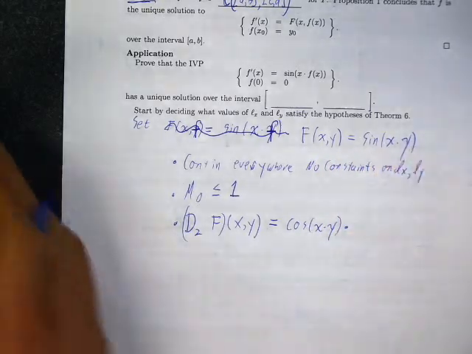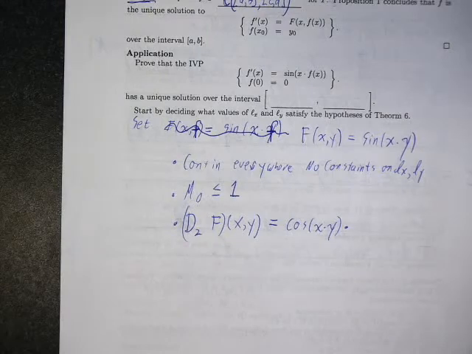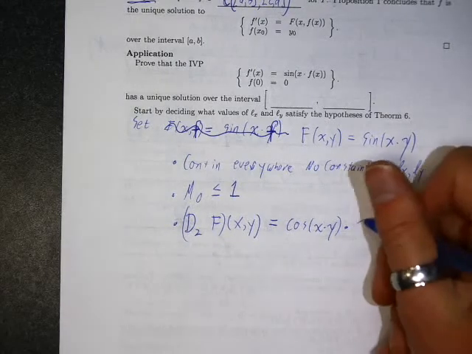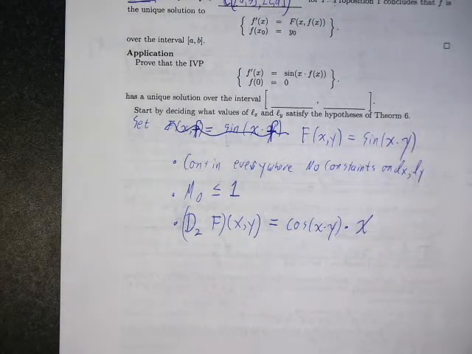I'm taking the derivative with respect to the second variable, so it's just x. Notice y prime doesn't make sense right now, since y isn't a function. So that's x. Neat. So it looks like cosine is bounded above by 1, I guess.